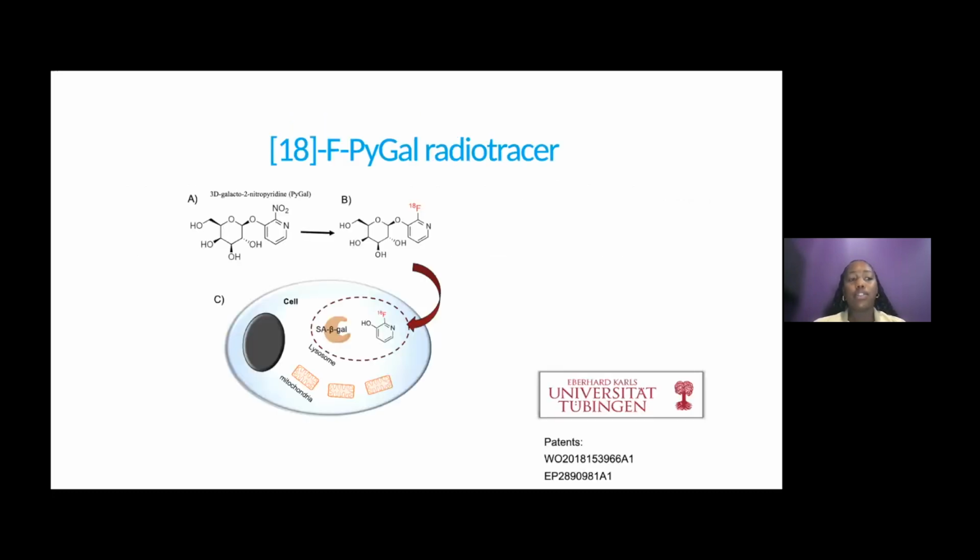Now coming into the research project, we focused on the 18F PY-gal radiotracer. This radiotracer is a PY-gal substrate, which is hydrophilic, and it is conjugated with the 18F. When the 18F PY-gal radiotracer enters the senescent cells, it is cleaved by the beta-galactosidase, and this cleaved signal is detected by the PET scan.